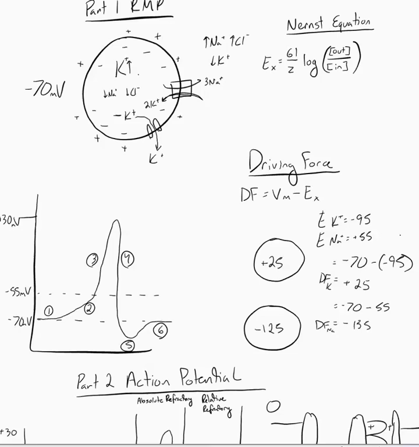And so as it keeps pumping, we have these potassium leak channels, which begin to form that negative 70 resting membrane potential.